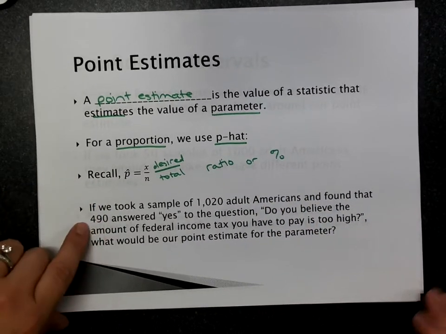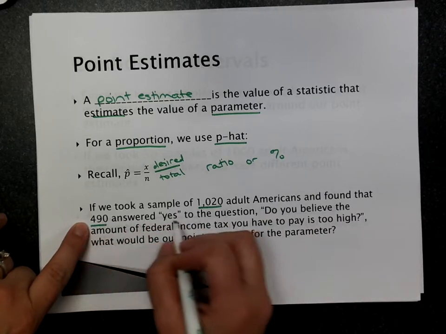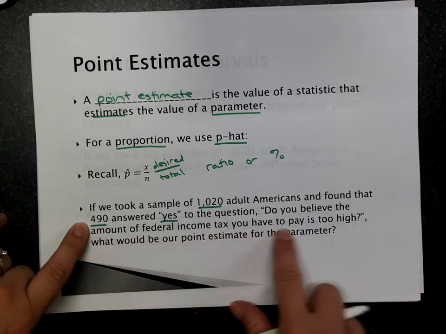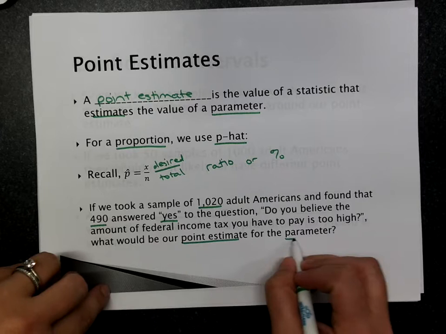So if we took a sample of 1,020 adult Americans and found that 490 answered yes to that question about believing that the federal income taxes we pay is too high, what would be our point estimate for this parameter?